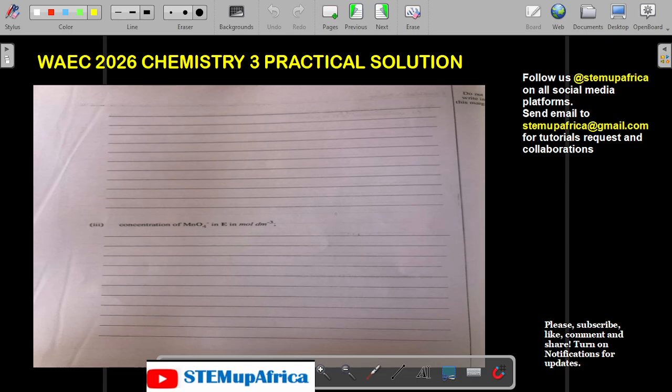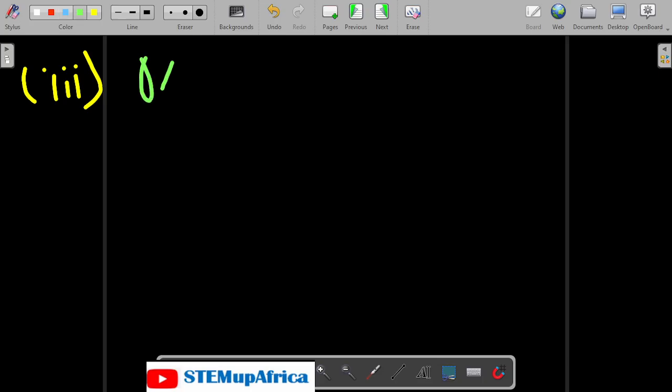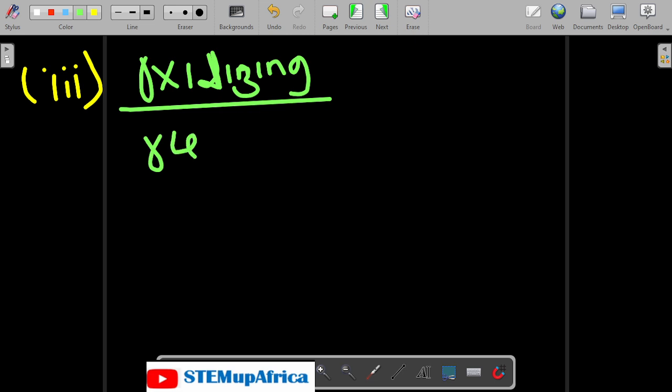Now figure 3, we are asked to consider the constitution of E in mole per dm cube. This is where we involve the general formula. Does the oxidizing follow the normal acid-base neutralization pattern over reducing?